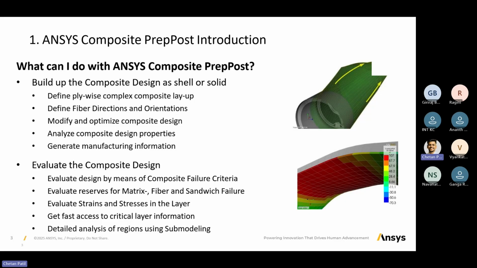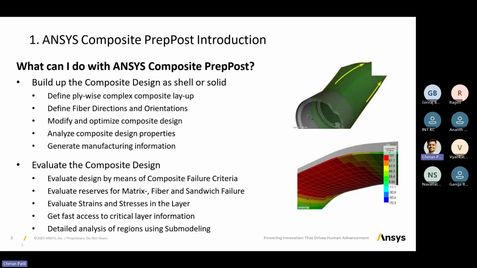So as we figured out on the previous slide, you can do the local refinement to optimize your model. You can even reduce the material that is required; the actual model weight can be reduced using the composite, and those simulations can also be run over here. You can analyze composite design properties as well and generate manufacturing information.